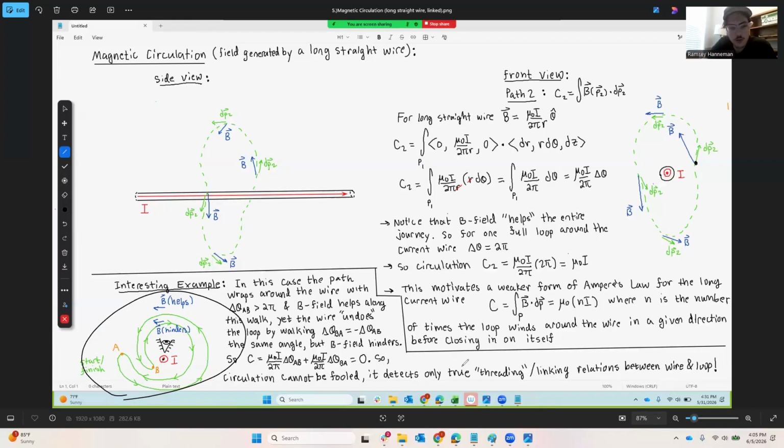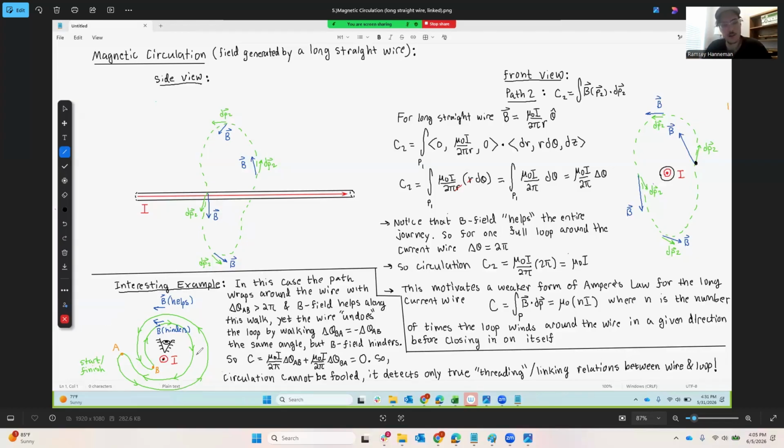Would you say that wire is threaded or linked with the loop? No. Why not? There's a hole right here. Right. You can actually move the wire out of the path without passing through the path, right? And so we consider this not linked.